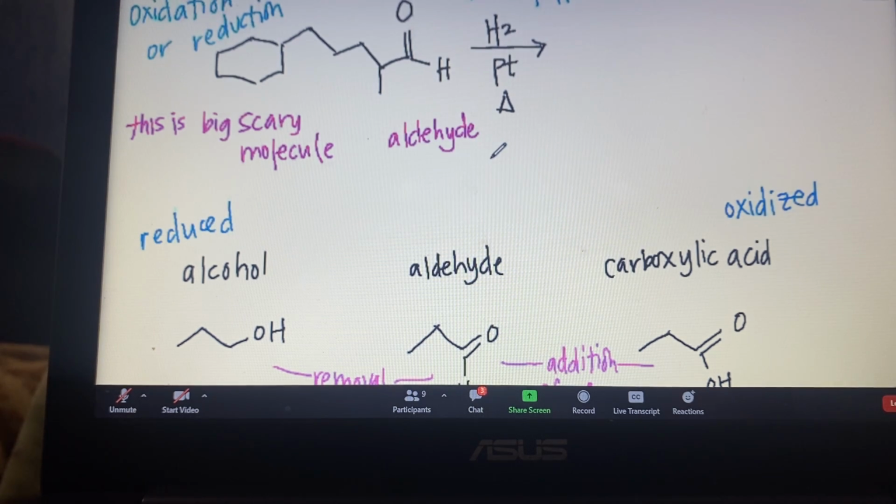So you are oxidizing? Or no, are you reducing it? Yeah, this is a reduction by gain of hydrogen because we're adding this hydrogen across that multiple bond. So tell me what the product should look like.